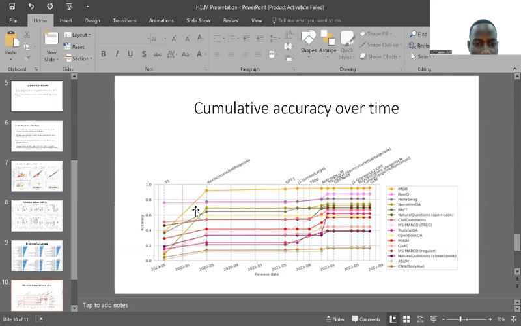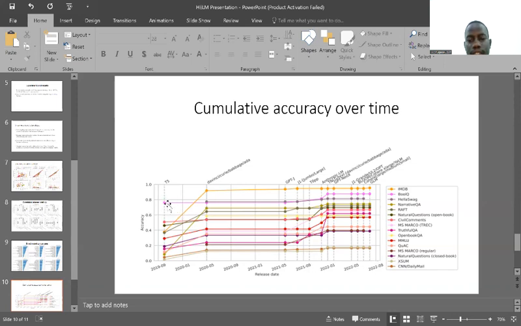But as we moved on to 2020, its accuracy went on increasing up to over 0.8, which is over 80%, and it kept stable for various years up until 2022.